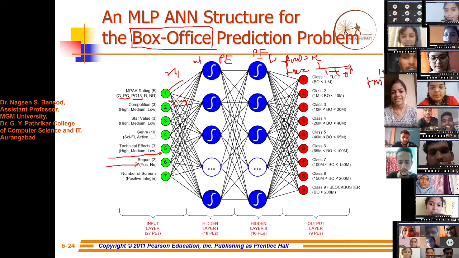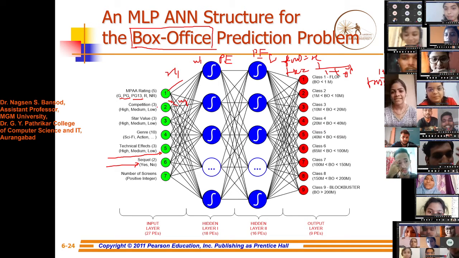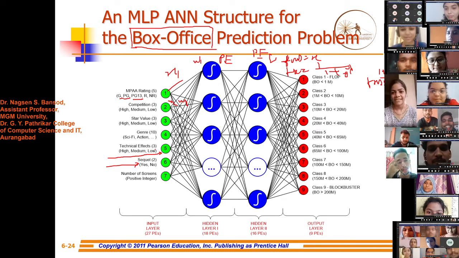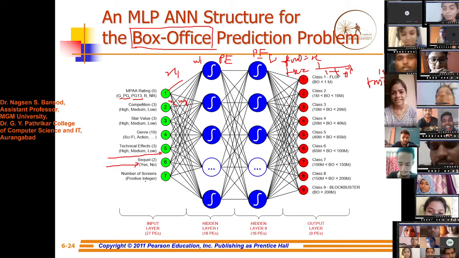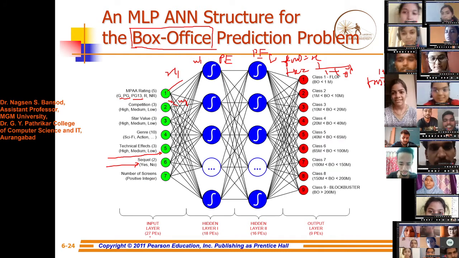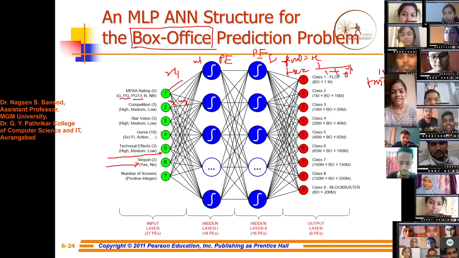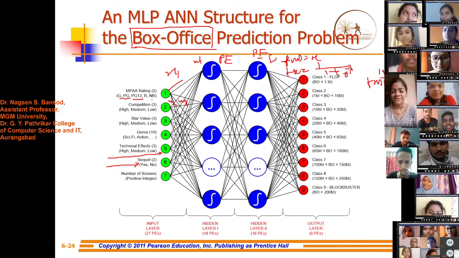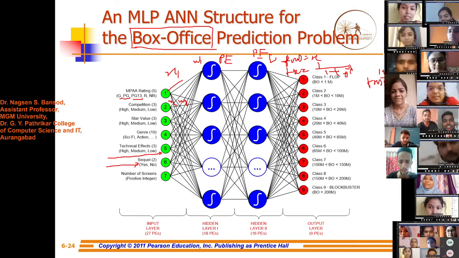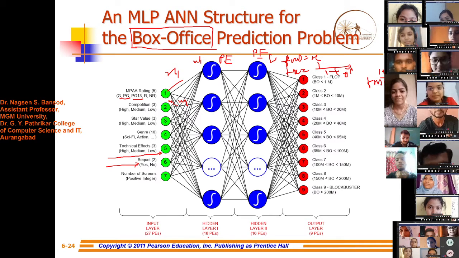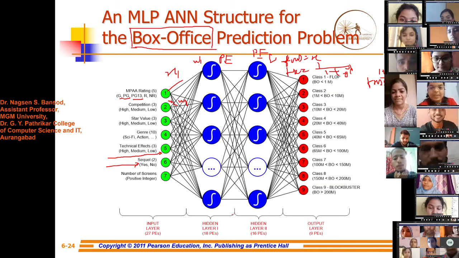These are the 5 plus 3 plus 3 plus 10 plus 3 plus 2 is equal to 27 processing elements we are taking here as input. And at the hidden layer we will take 18.